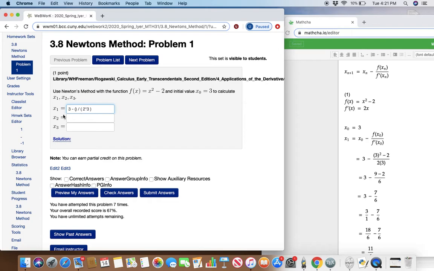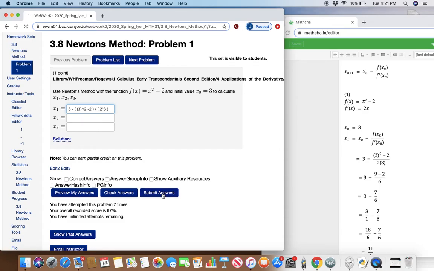You understand? To get x1, old x is x0. What goes in the numerator? The numerator gets f of old x. f is number squared, 3 to the power 2 minus 2. Do you understand why I got 3? Because it is f of x old. So that is my x1.